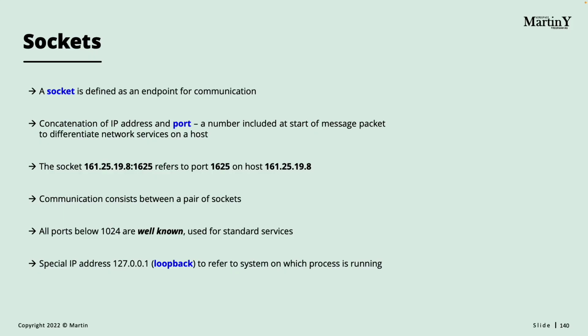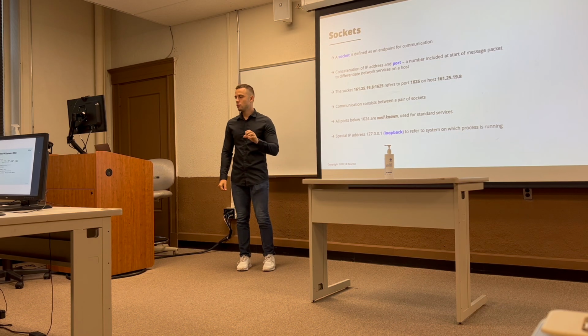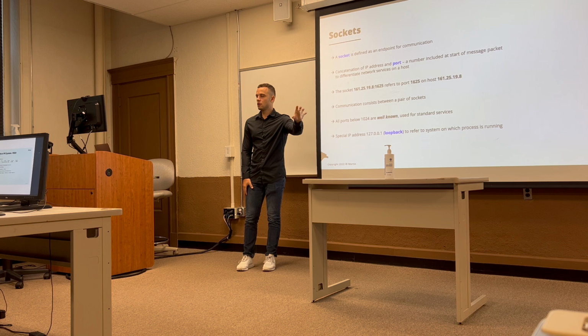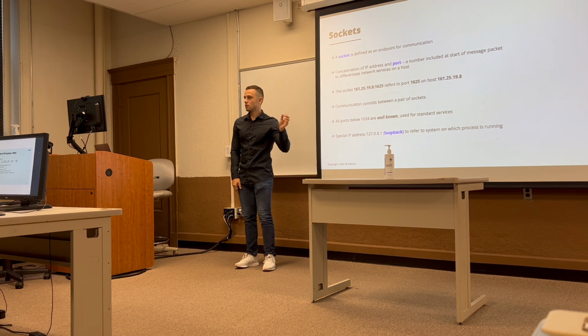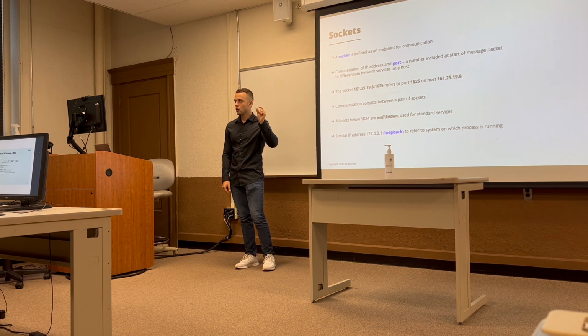So, exactly. Now, a socket is a combination of an IP address and a port. The IP address comes from the network layer; it is the specific identifier of the network layer, and the port number is the unique identifier of the transport layer. With the IP address, we identify the location to which we want to send a message, and with the port number, we identify the process on this network with which we want to communicate.